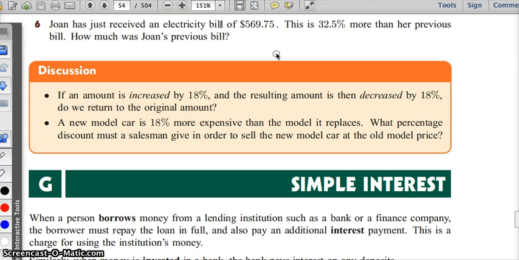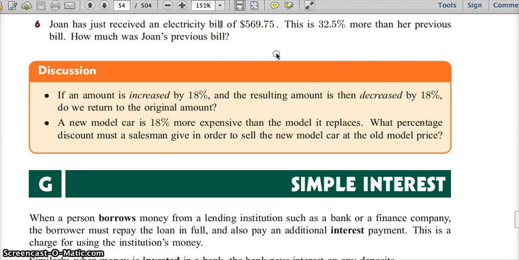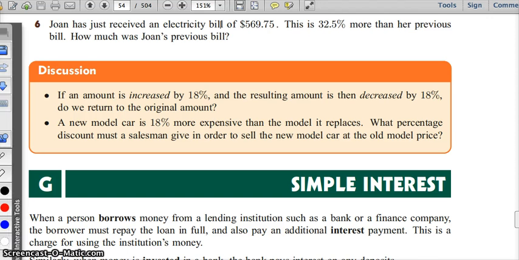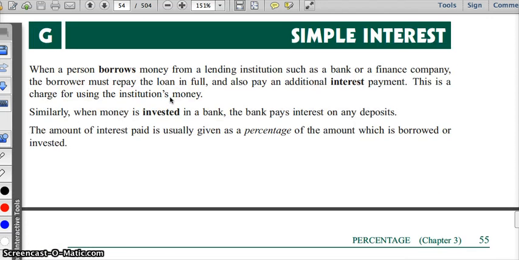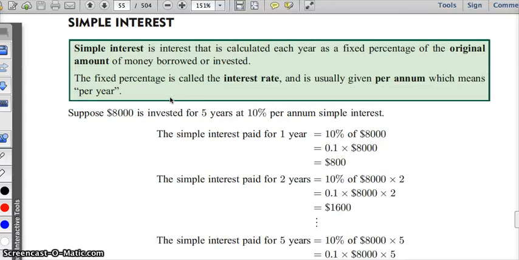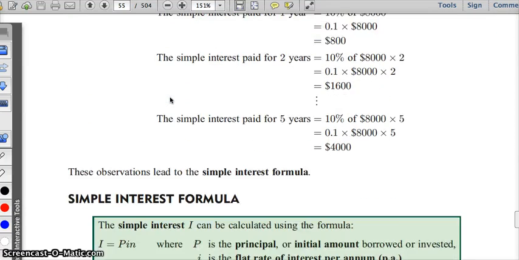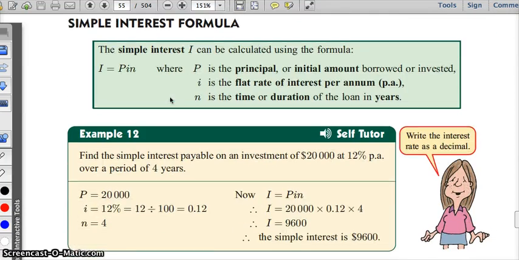Now, if you're watching this, it's because I'm away, but also because simple interest is where you're next at. So don't listen to this unless you are ready to do simple interest. The simple interest formula, the way this book explains it, isn't ideal in my eyes, but that's what we've got.